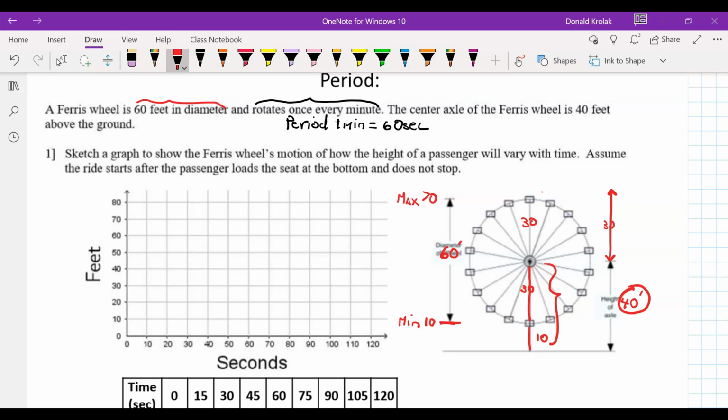So, well, hey, right here, that's the mid. So the mid and the height of the axle are the same thing, because your curve is going to go 30 above it and 30 below it.